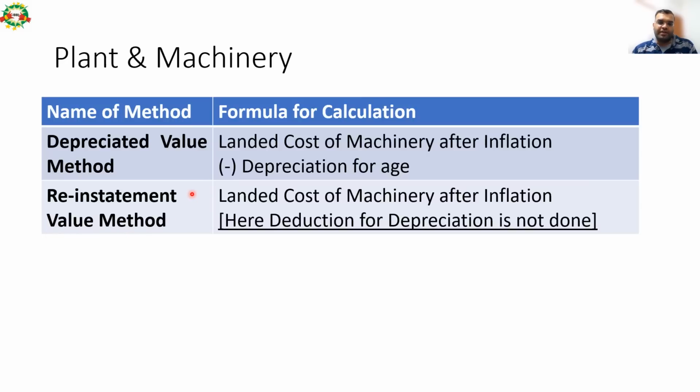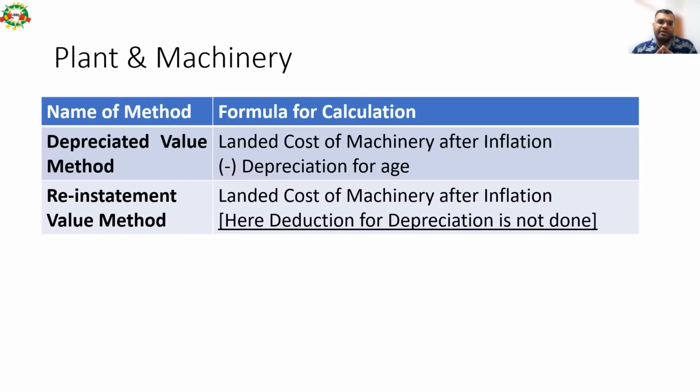In the depreciated value method, the sum insured of the machinery will be equal to the landed cost of machinery after inflation. Whatever cost the company has incurred for installation of the machinery has also been added, paid, and can be capitalized in the balance sheet. So that is landed cost with inflation minus depreciation for the age.